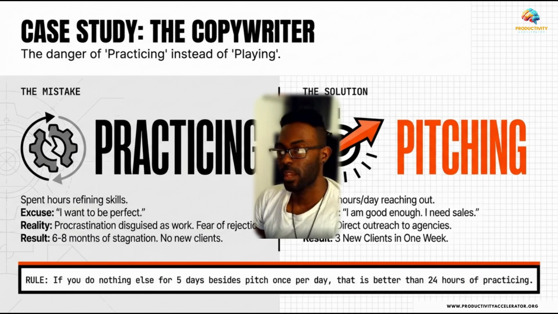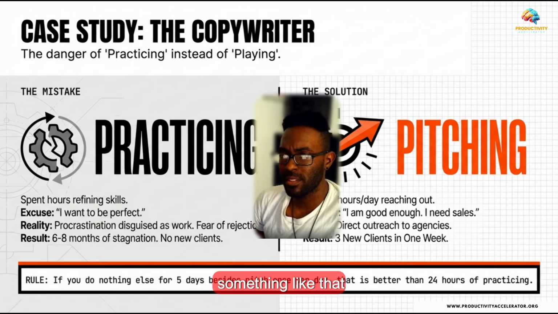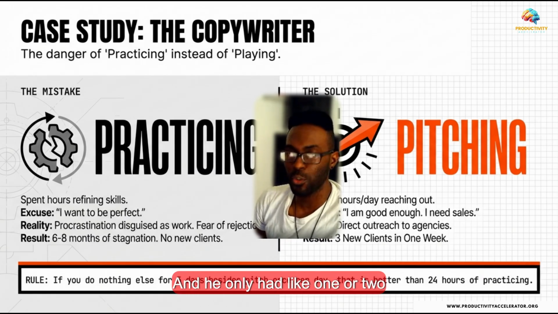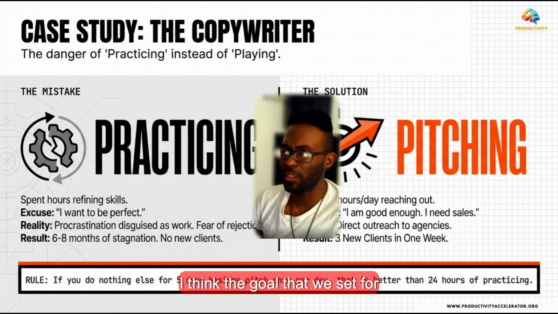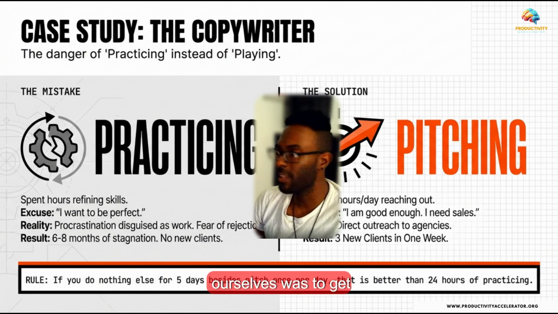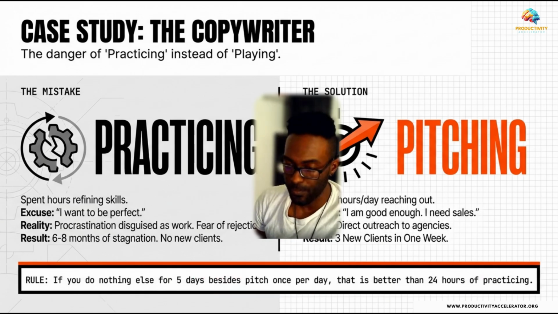So when he came to Productivity Accelerator, I think it had been like 6 or 8 months, and he only had 1 or 2 agencies that he was working with. He wanted to get more. I think the goal that we set was to get 4 or 5 more agencies within 3 months.